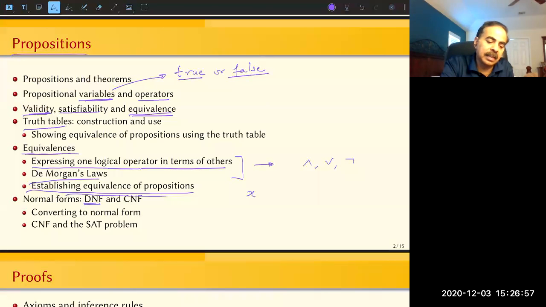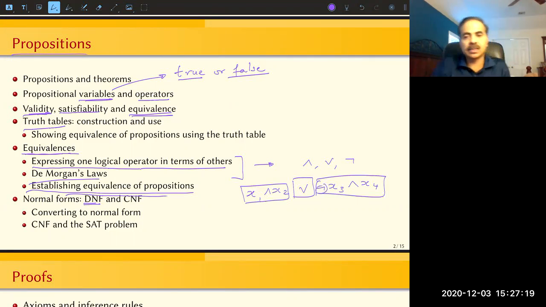So something like x1 and x2 and not x3 and x4, right? So that is in disjunctive normal form because at the outermost level, there is just one OR. Next, inside, there is a conjunction, right? And then innermost is negation, right? So that's a disjunctive normal form.